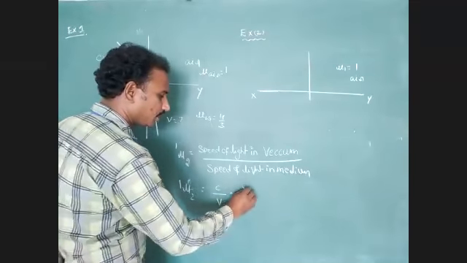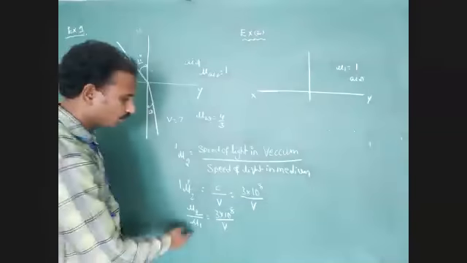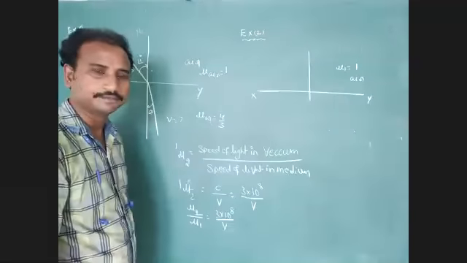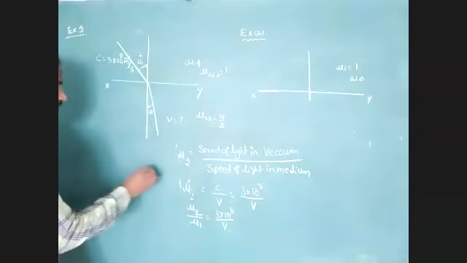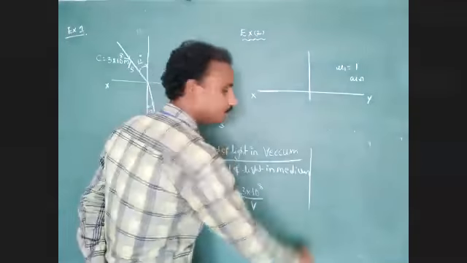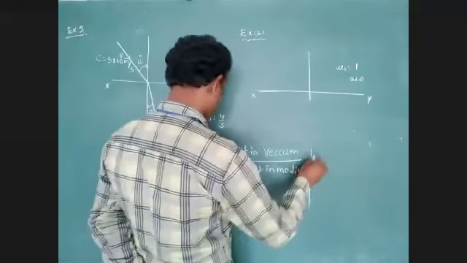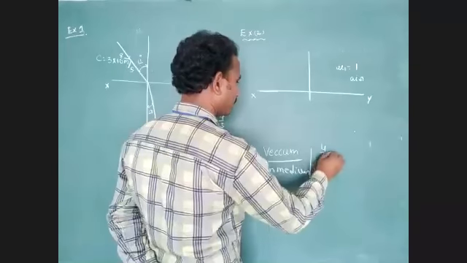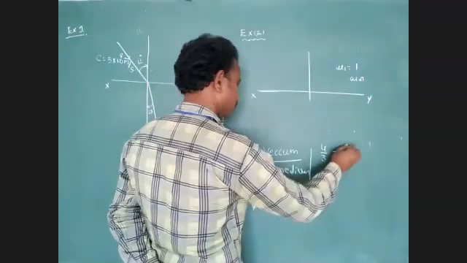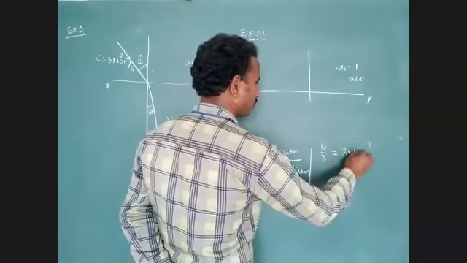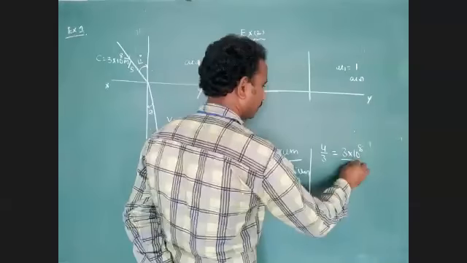So mu 2 divided by mu1 equals 3 into 10 to the power of 8 divided by v. The mu2 value equals 4 by 3, the mu1 value equals 1. So 4 by 3 equals 3 into 10 to the power of 8 by v.